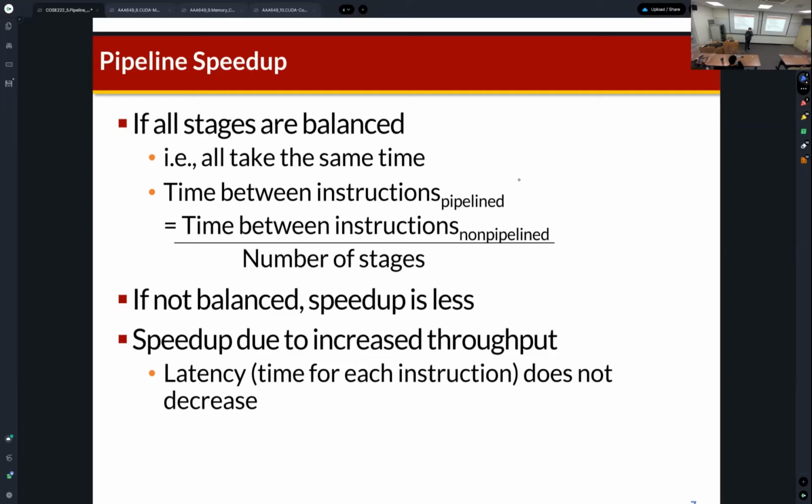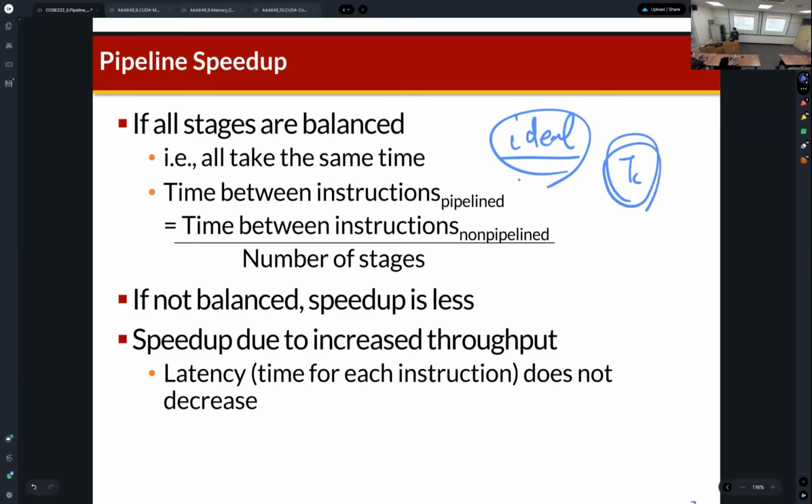I said ideal, which means that in reality, we cannot reach this ideal speedup. But ideally, if the pipeline idea is applied, then we can improve the performance of the single cycle processor because we can reduce this clock period.